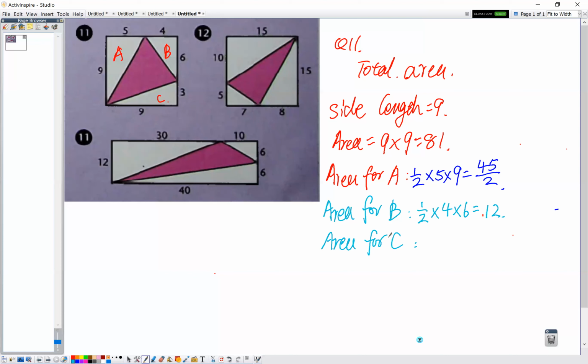The area for C, we can find out is half times by 3 times by 9. This is 27 over 2.